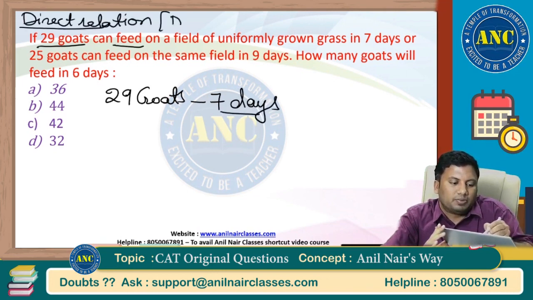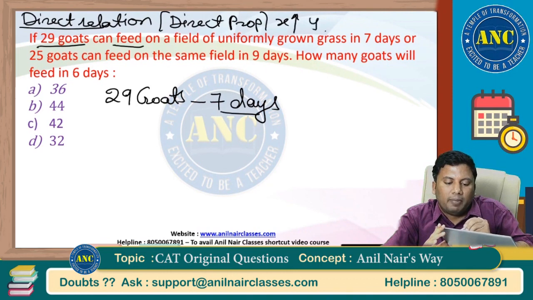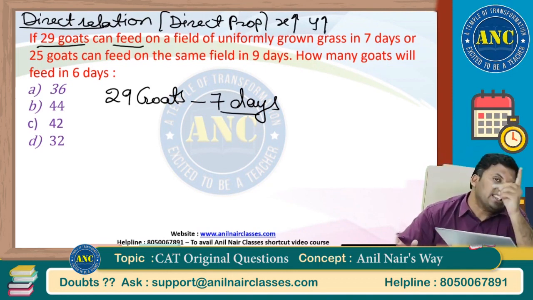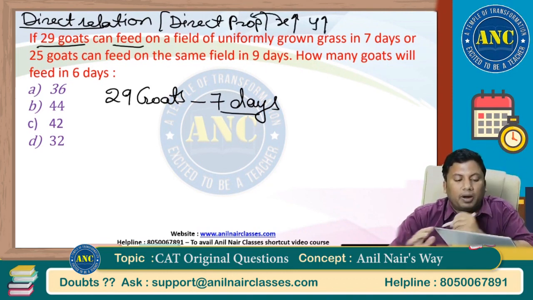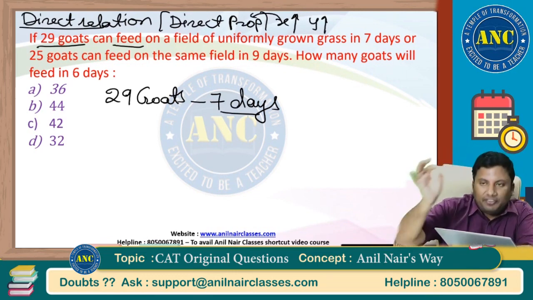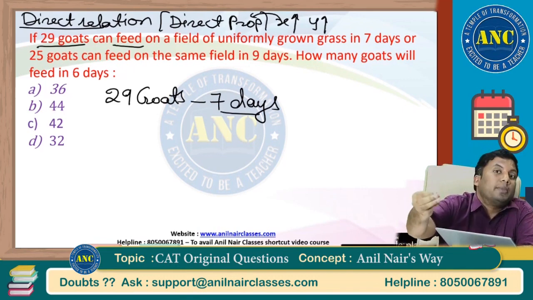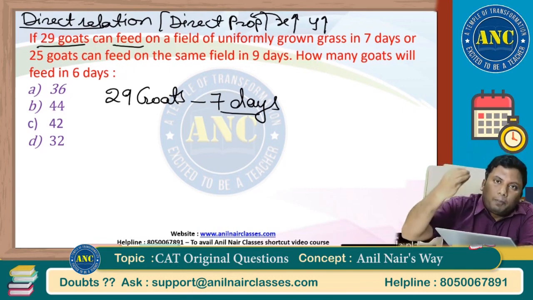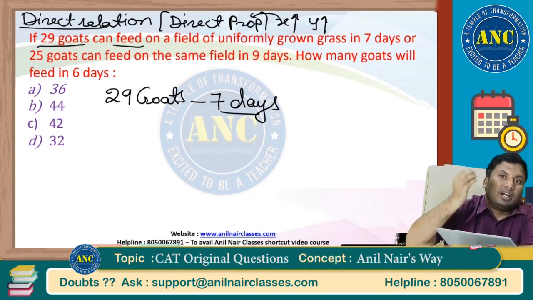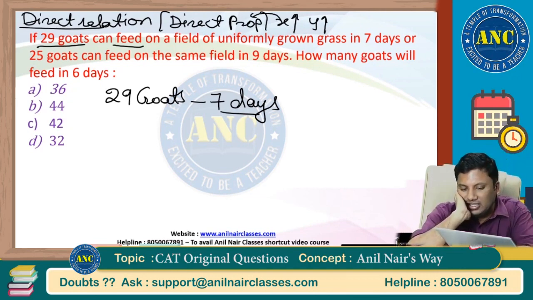What is the difference between direct relation and direct proportion? If x increases by 2 times, y increases by 2 times, that is proportion. In relation, if x increases, y will also increase, may not be in equal times. Proportion means x doubles, y will double. But in relation, x increases, y increases.